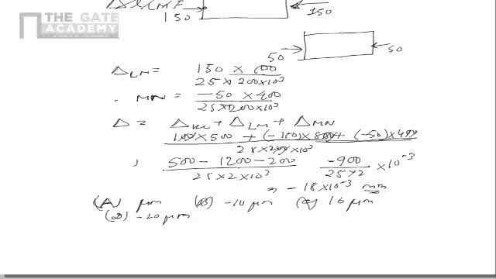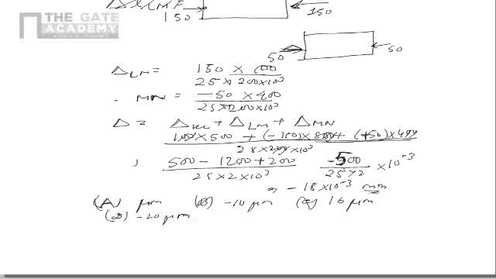Oh, I think I took this force wrong, sorry. Yeah, this 50 is tensile, sorry. So this becomes plus 50 actually, so this becomes 500 minus 1200 plus 200, so this becomes minus 500 actually. I'm sorry about it, I did the calculation wrong.